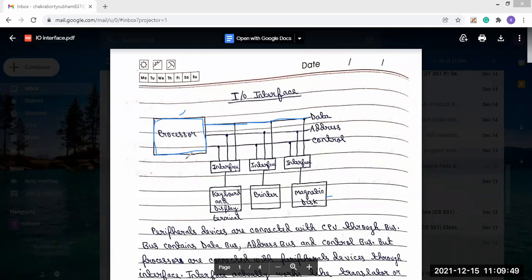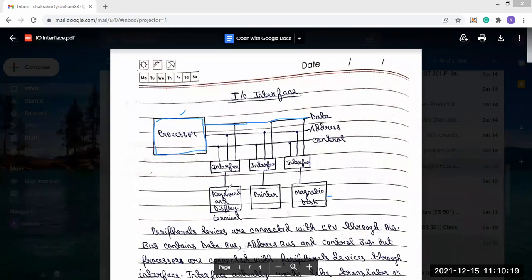Now peripheral devices, or input output devices, are connected with the CPU or the processor through the bus, and the bus contains the data bus, address bus, and control bus. But processors are connected with the peripheral devices via the interface.